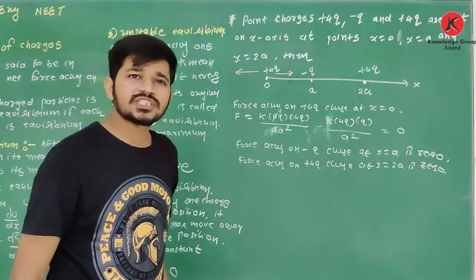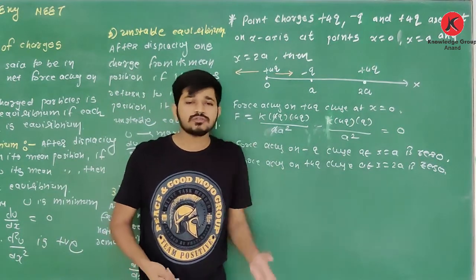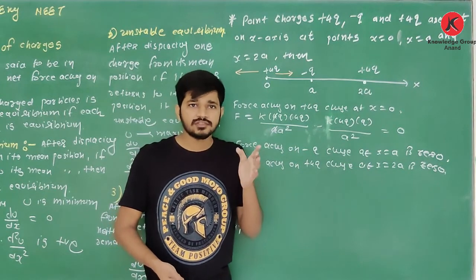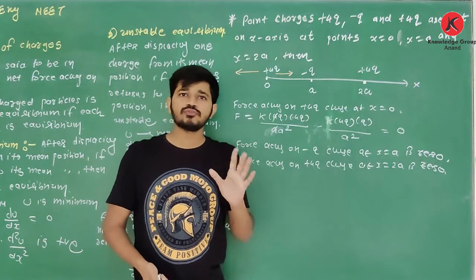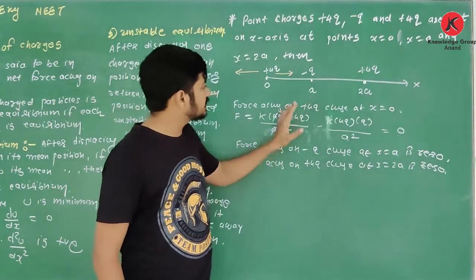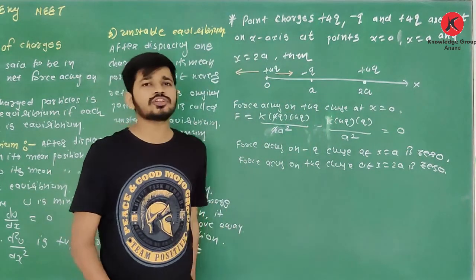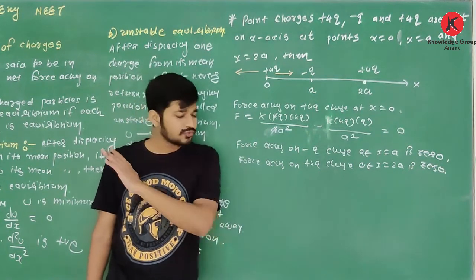So distances will change, and due to that the resultant force acting on it will also change, and it will move in the direction of the force acting. Here, as the distance is a, the resultant force is 0. Now if you take another distance, force is not 0.